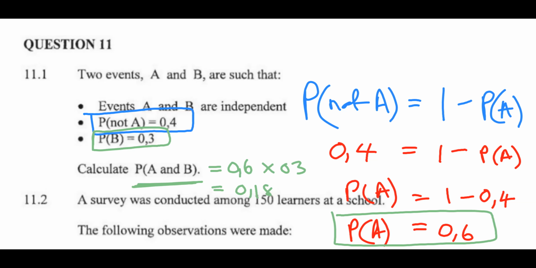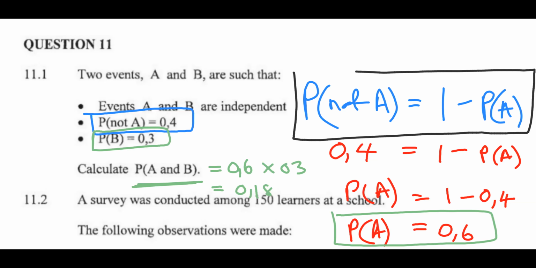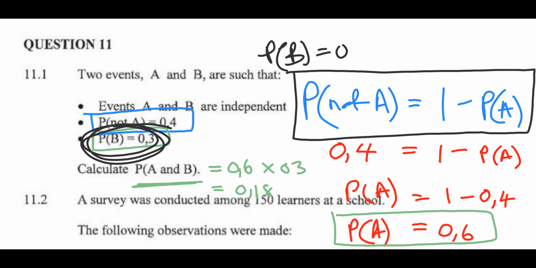Also write down this piece of information here. Don't just copy down the numbers. This is more useful because you can apply it to different questions. If they give you the probability of any other event, let's say not B. So for example, in this case, the probability of B is equal to 0.3.